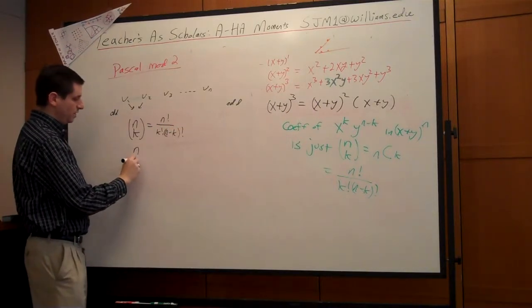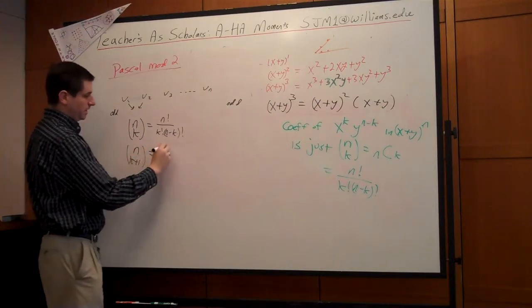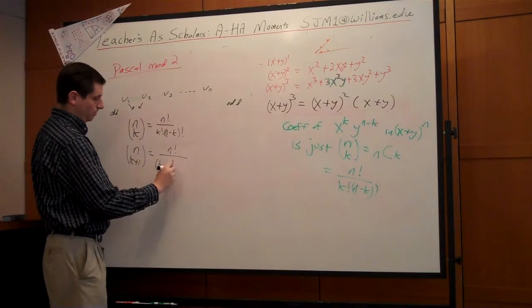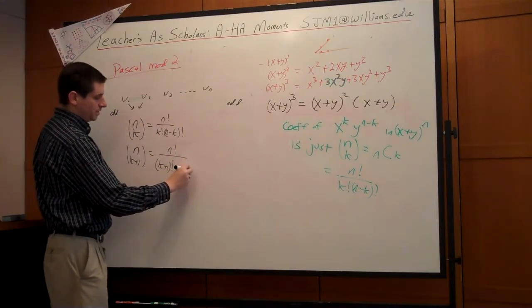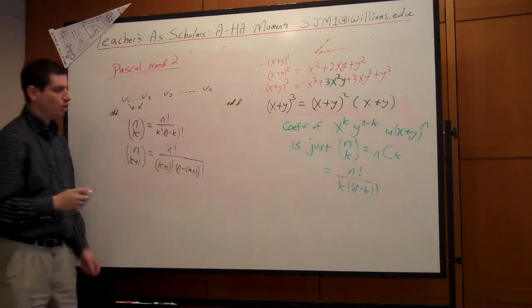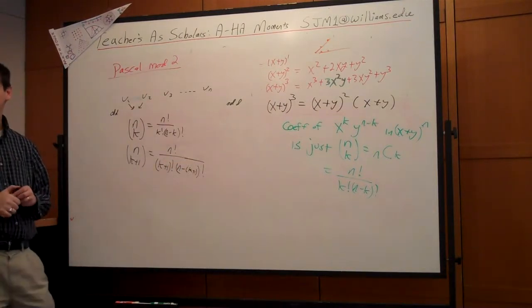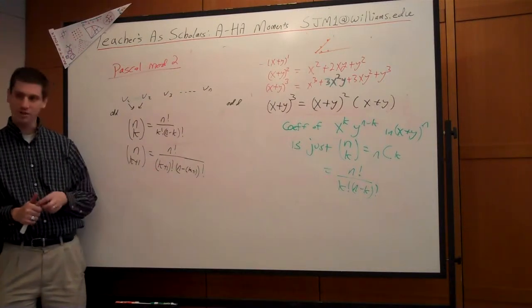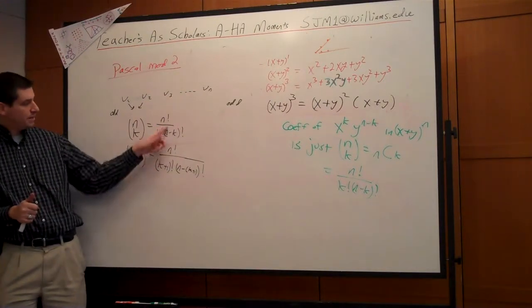And so as an exercise, n choose k is n factorial over k factorial (n minus k) factorial. N choose k plus 1, the next term, is n factorial over (k plus 1) factorial (n minus k plus 1) factorial. I find it's always good to put in parentheses. One of the most common sources of error is not putting in parentheses and distributing incorrectly. So I want to do some pattern comparisons.